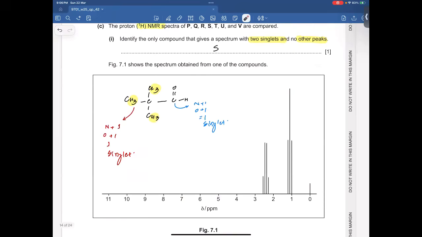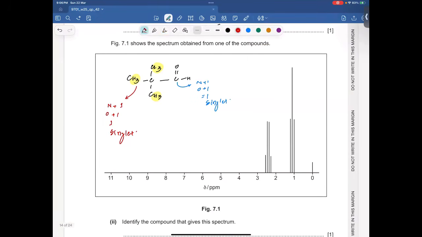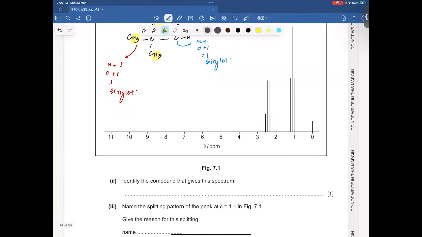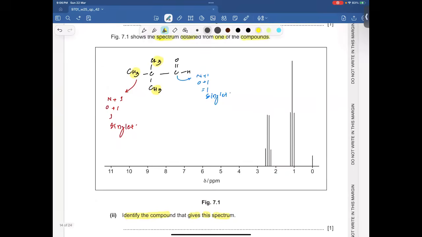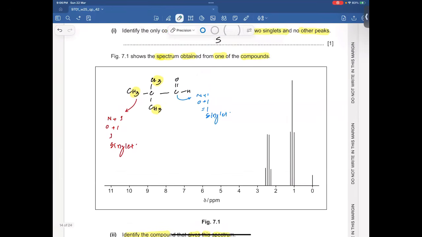Okay. Now table 7.1 shows a spectrum obtained from one of the compounds. So we have a triplet, we have a quadruplet. Identify the compound that gives this spectrum. Oh, again, that's very, very tough. Let me erase this.